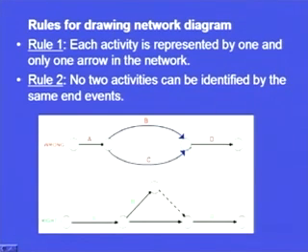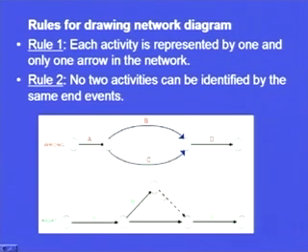Activity E will start from this point, going in this direction. So, what would be the problem? Activity E is dependent on the completion of activity B, but it is also becoming dependent on the completion of activity C, which is not the logic in our network. E is only dependent on B and is not dependent on C.